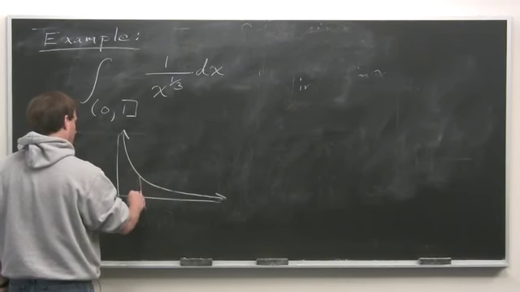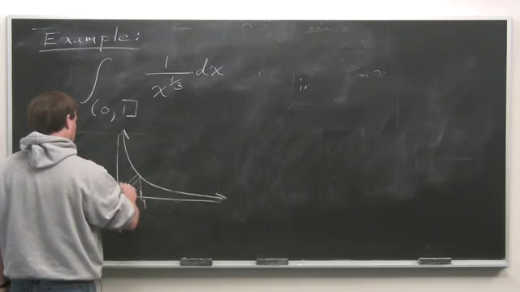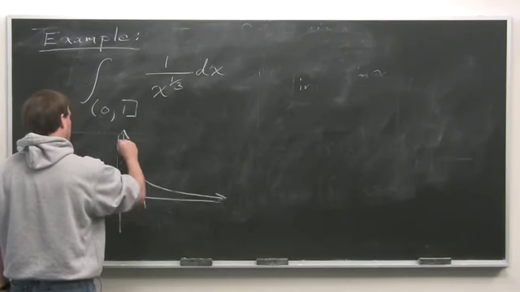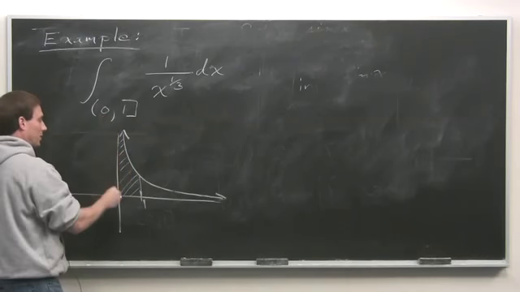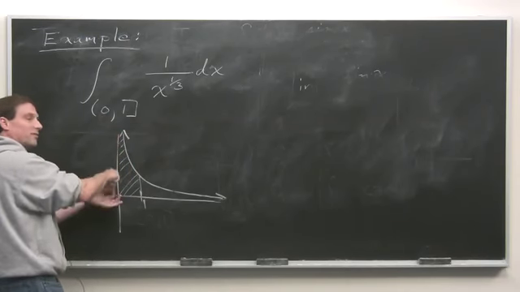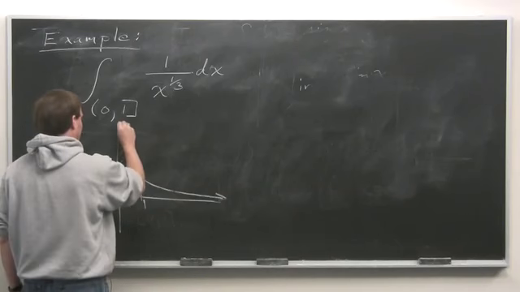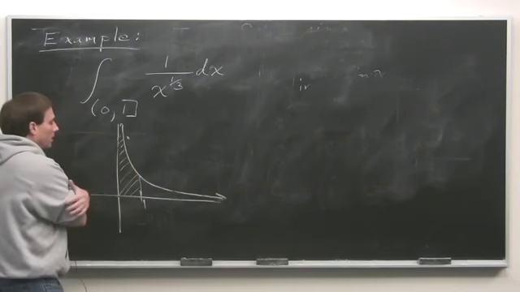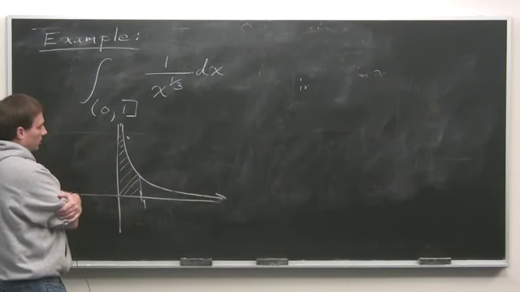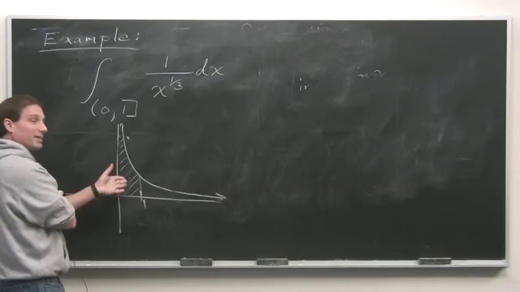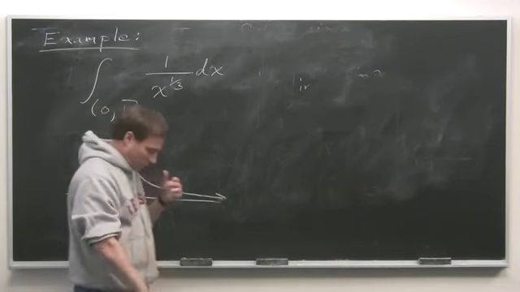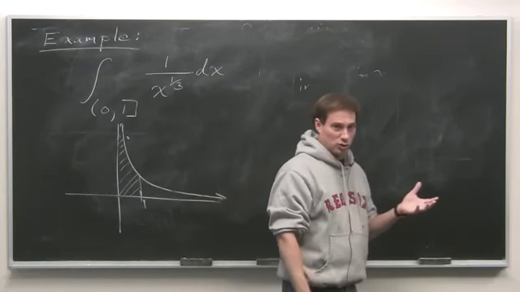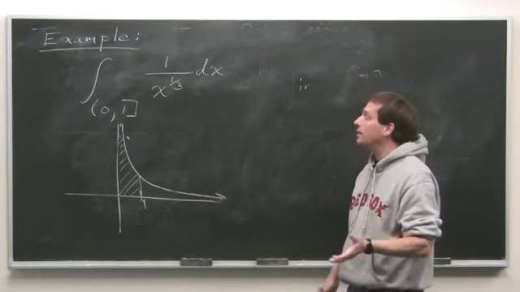Well, that'll be hard to draw. You would hope it's the same as the area if you did include the endpoint 0, because all you're leaving out is a line, and you'd like to think, oh, that has 0 area, even though it goes up infinitely far. All right, so you're calculating this area, but the question is, what does this mean?